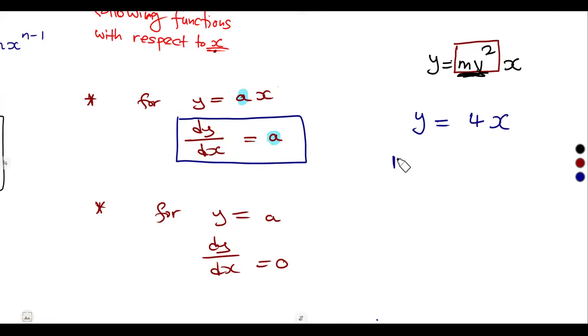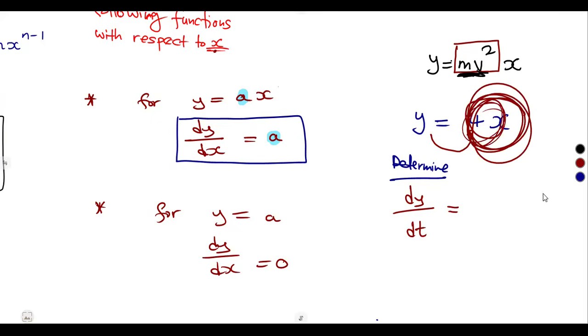Then they ask you to find the derivative of y with respect to t. Guys, it's y in terms of x, but here, y with respect to t. So what does it mean? It simply means, guys, this x is just a constant, just like what we had here. It's just a constant. So the derivative will be equal to 0.